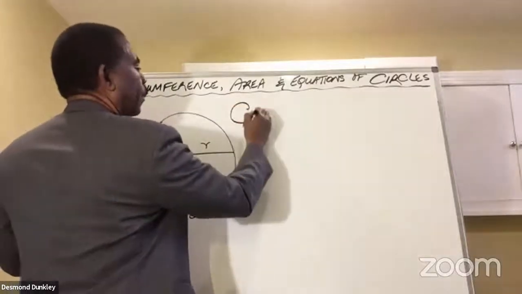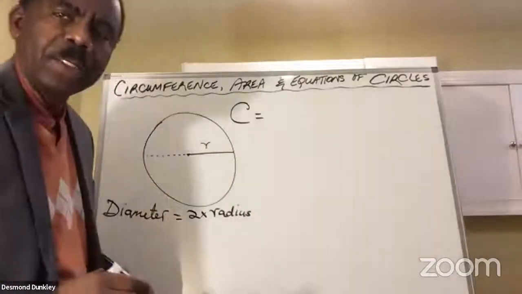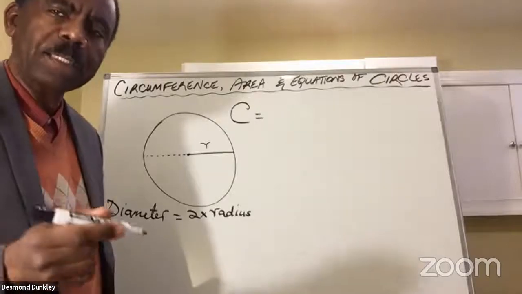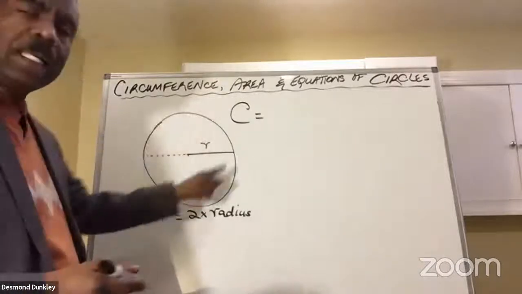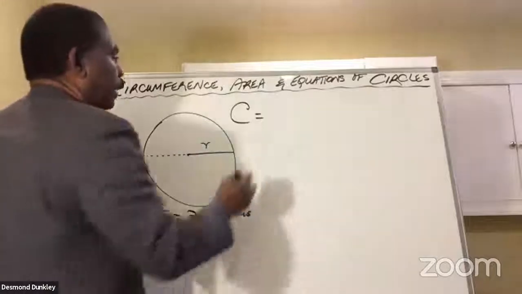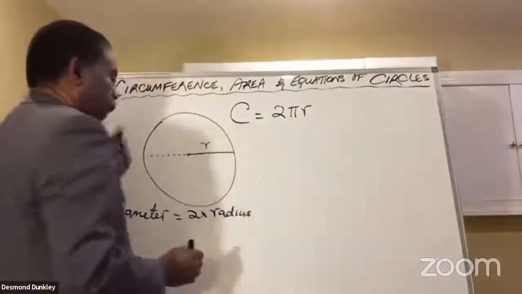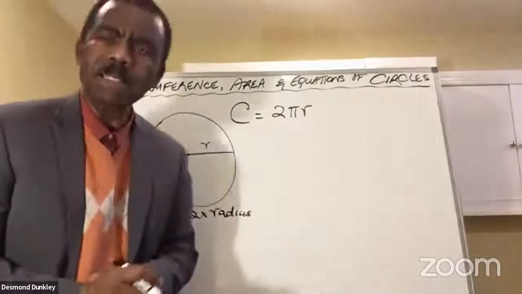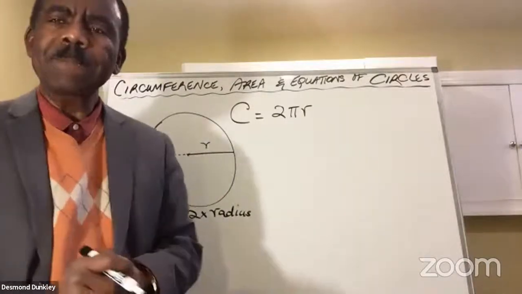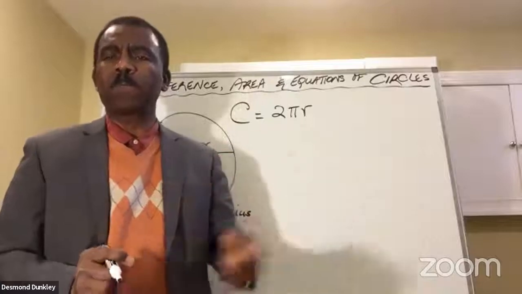So circumference, we normally use the letter C to denote circumference, or the distance around the edge of a circle. It is 2 pi r, where pi is a constant that is approximately equal to 3.142.